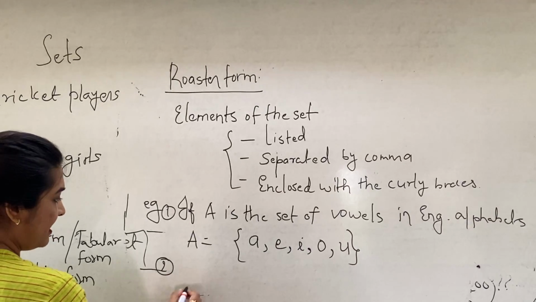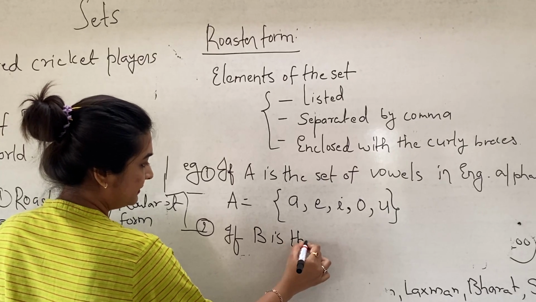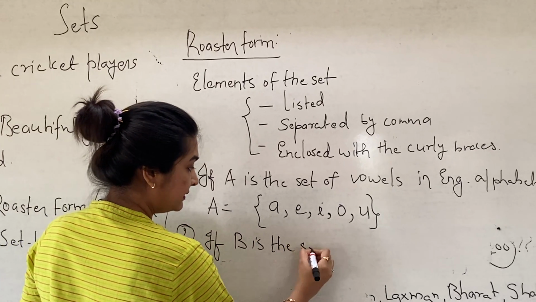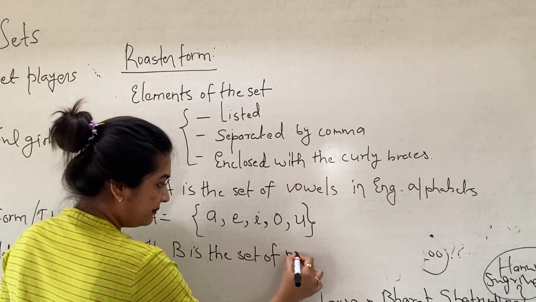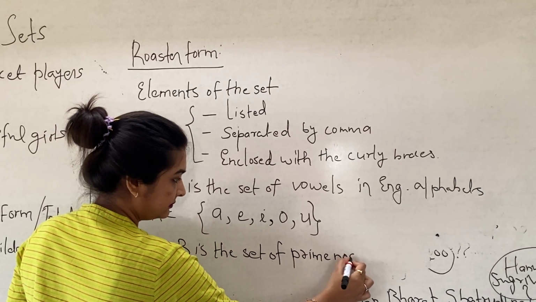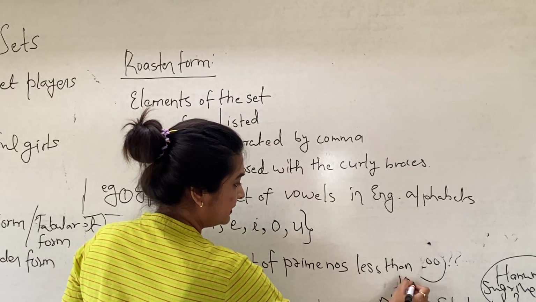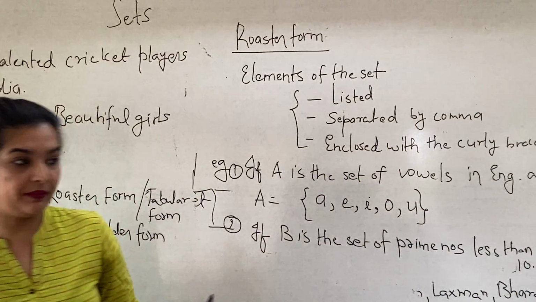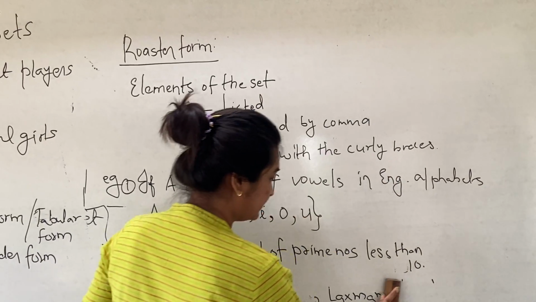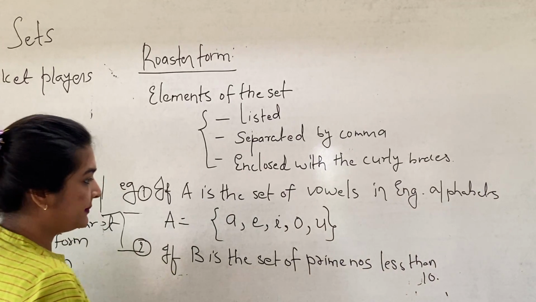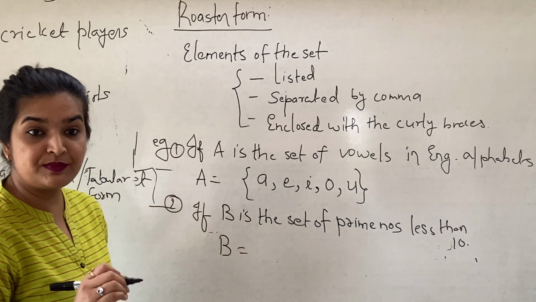Second, if I say B is the set of prime numbers less than 10, so what will be the roster form of this particular set?